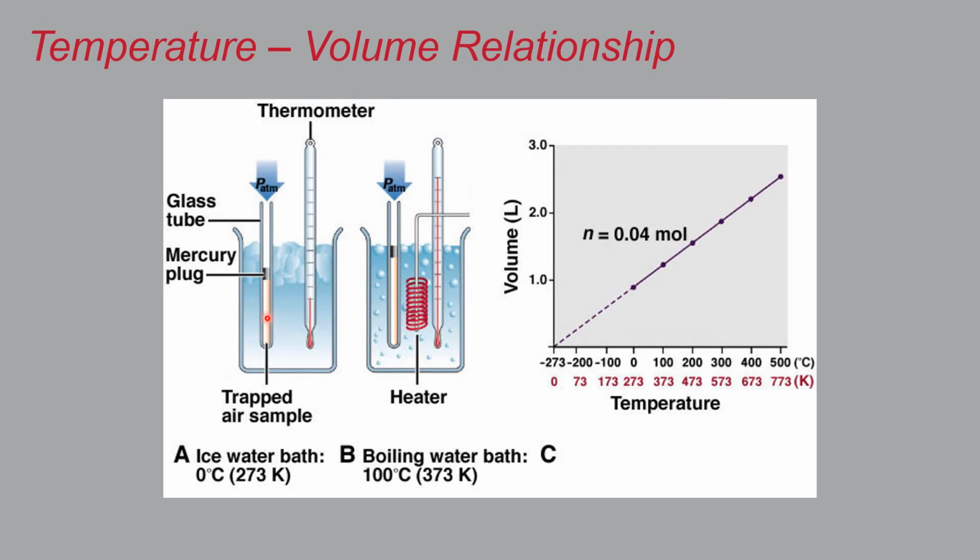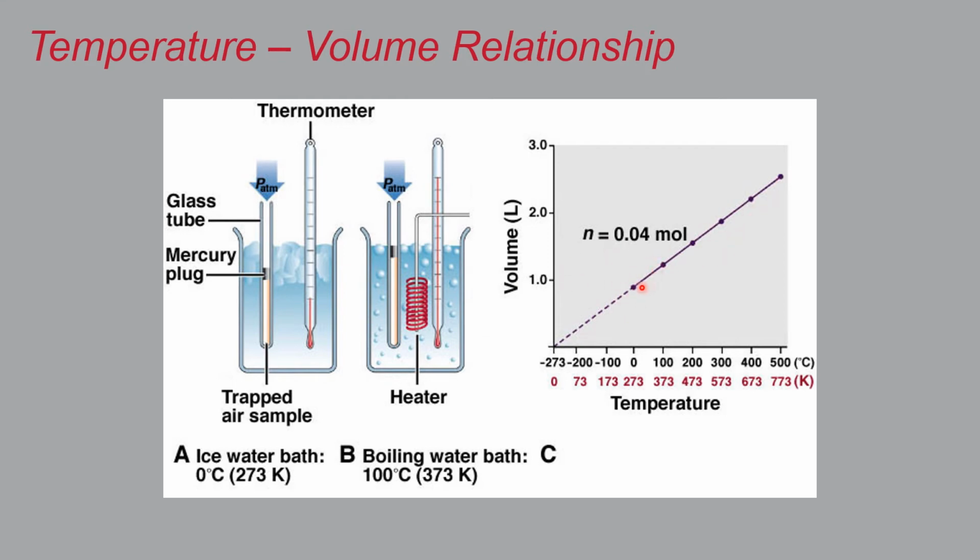And the volume can change because this mercury plug isn't fixed, it can move up and down. And what people found is as they changed the temperature, namely as they heated it, the volume of the gas got larger.